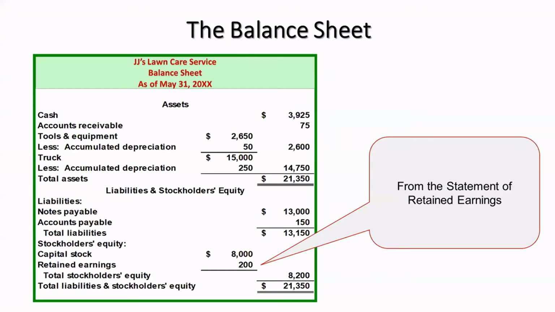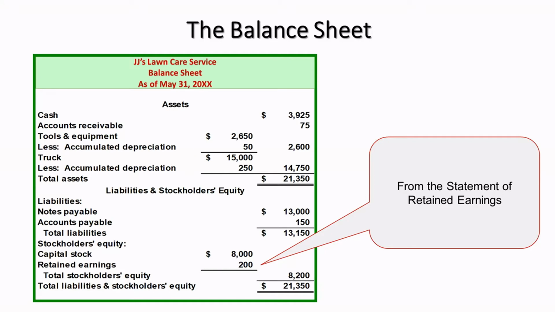Before we move on to preparing the balance sheet, let's look again at the accounting equation. Assets equal liabilities plus owner's equity. You will see assets, liabilities, and owner's equity sections on the balance sheet. The balance sheet lists the amounts of the company's assets, liabilities, and owner's equity at the end of the accounting period.